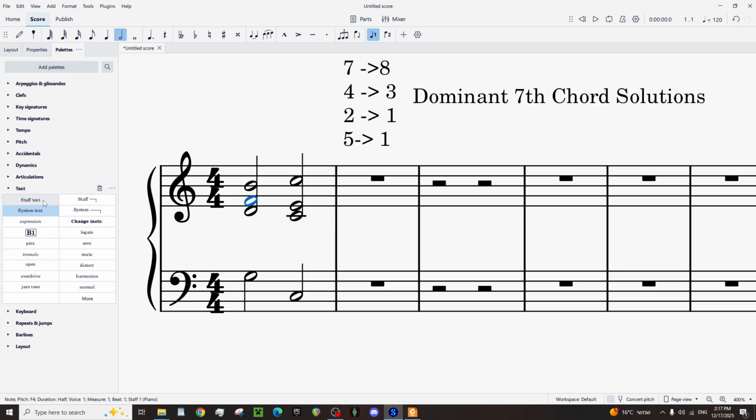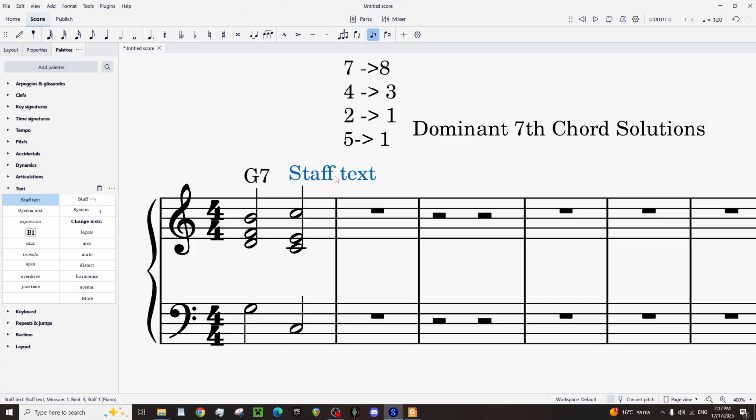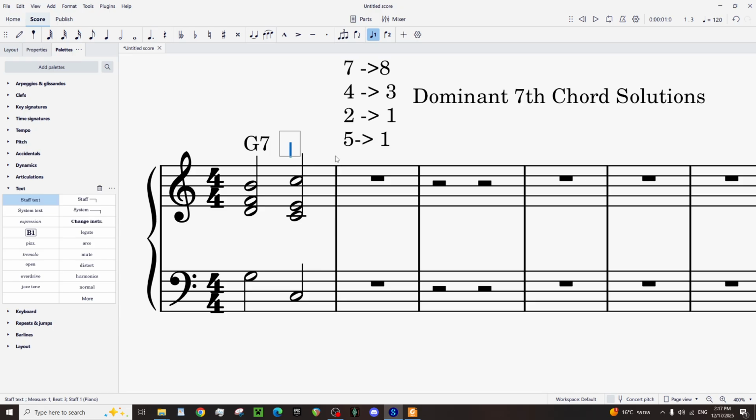So that's a G7, and that's a C chord. In this position, this is the only way it could be solved.